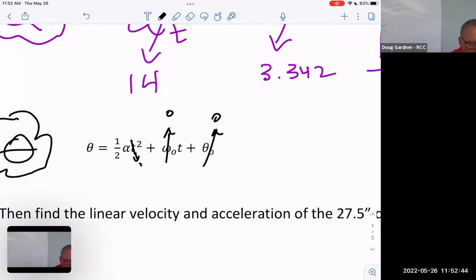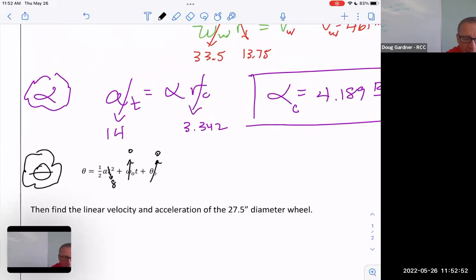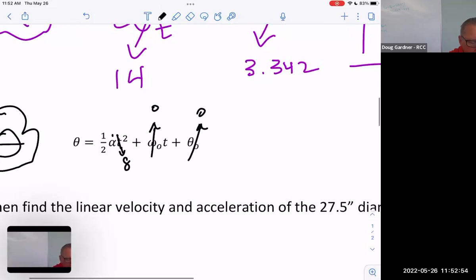8 seconds. And we just got finished figuring out the angular acceleration, which for the wheel and the cog was 4.189. So 8 squared times 4.189, you get theta as approximately 134 radians.